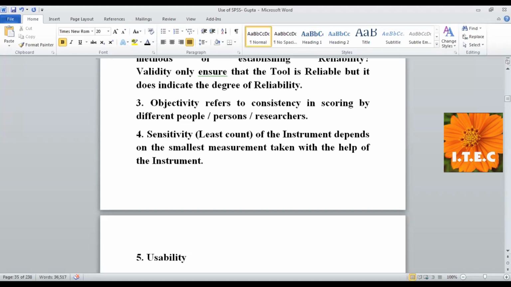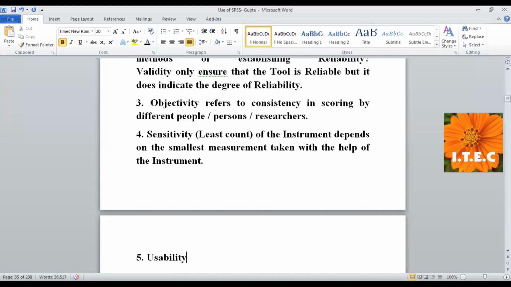When you purchase a car, along with the car, there is a small booklet. And that small booklet will contain a lot of information about the car. Now, whenever you purchase any instrument, there will always be a small manual which you should read. And there are many instruments for which you are given training in how to use it, how to operate it. Now, in social sciences, we have the tools.